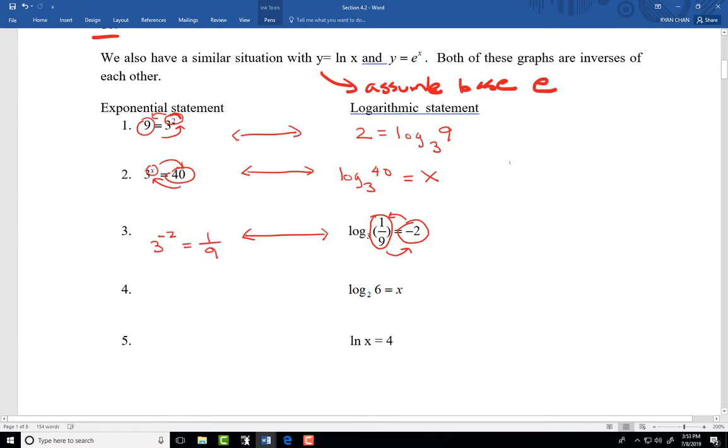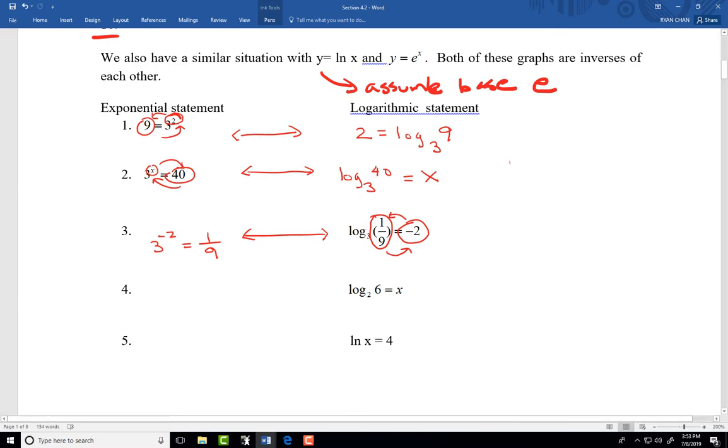Okay. Now, if you notice, just like the ones before, the item that does not switch ends up being the base again, only it's the base for my exponent. So the thing that always stays ends up being your base, whether it's for your exponent or for your logarithm. Okay? And then notice the item by itself and the exponent will switch around.